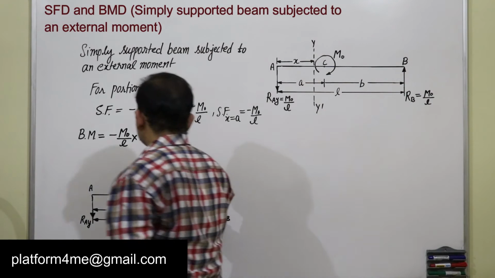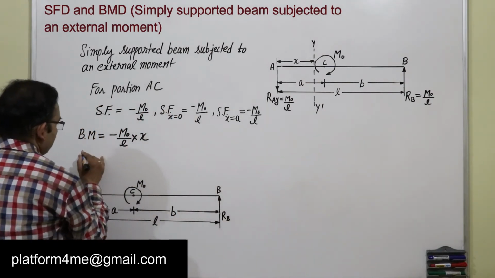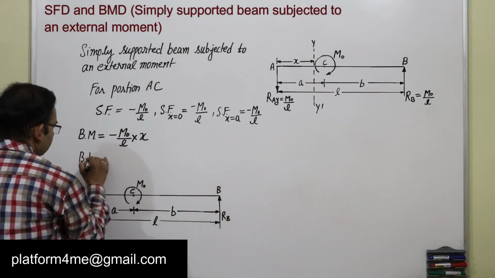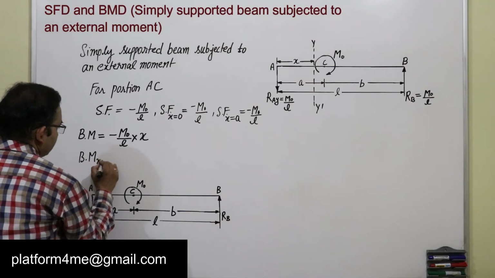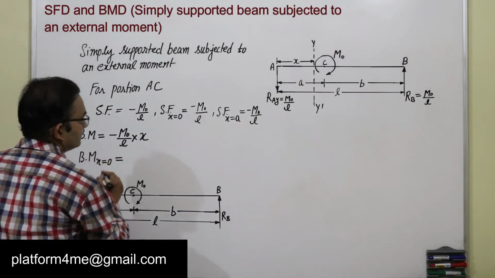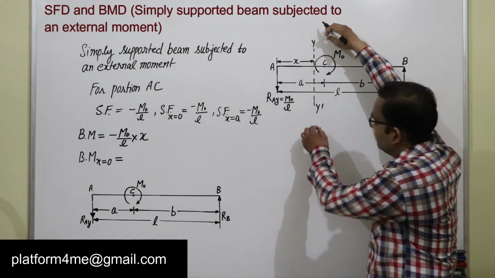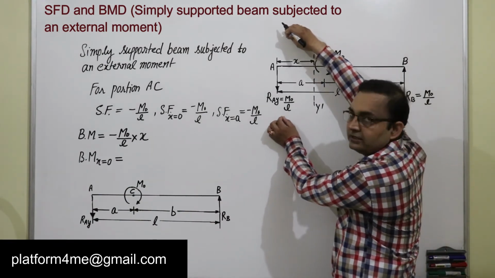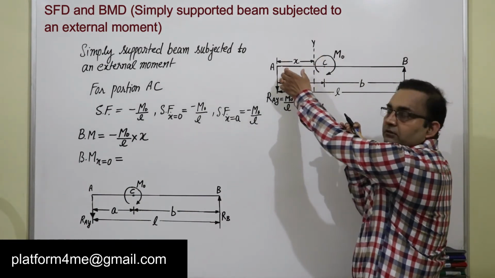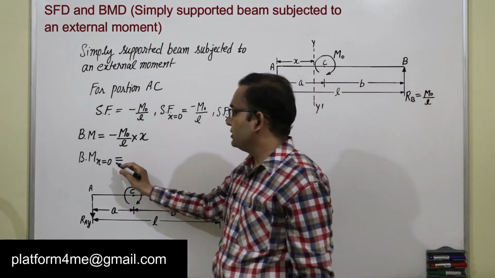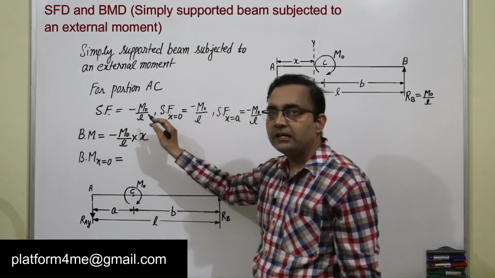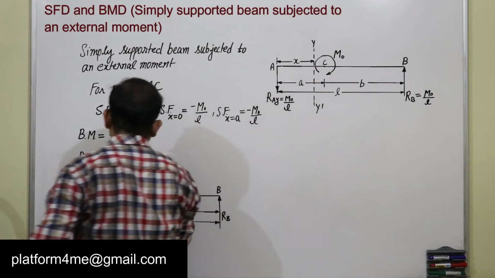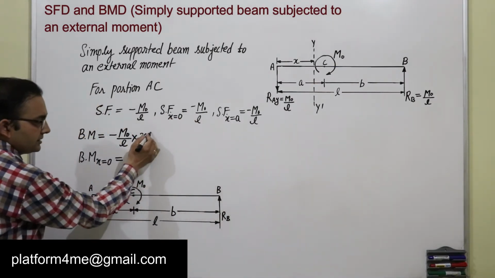So bending moment at x equal to 0, we will bring this section to this side, x will reduce. So at x equal to 0, this is the general equation of the bending moment, we will put x equal to 0 in this equation.